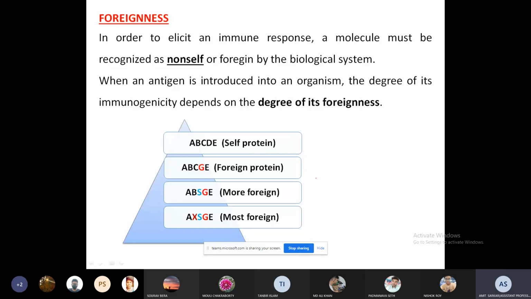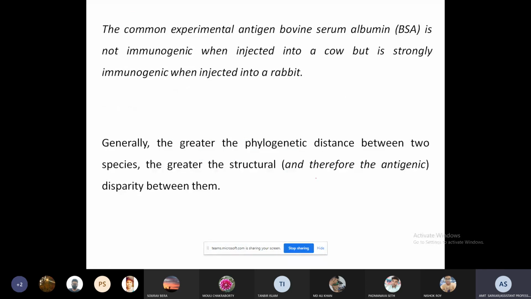Okay, so there are some examples here. Those of you who are into biology know that in the laboratory we use bovine serum albumin. Bovine means a cow, sheep, a buffalo, and so on. You can take some blood from those animals and isolate the albumin protein. That is called BSA. Now you take this bovine serum albumin protein and inject it into a cow.